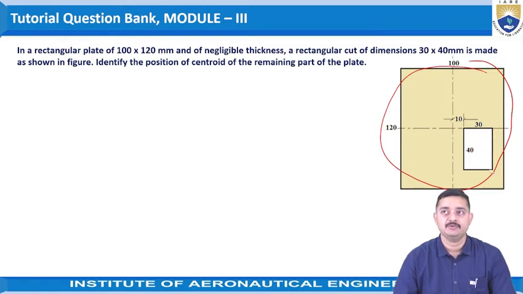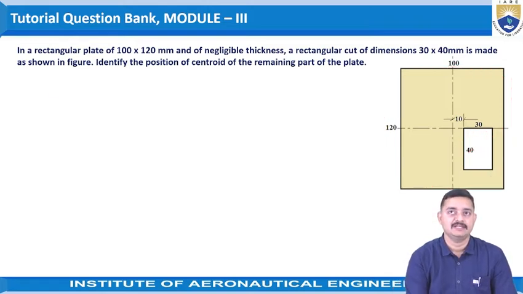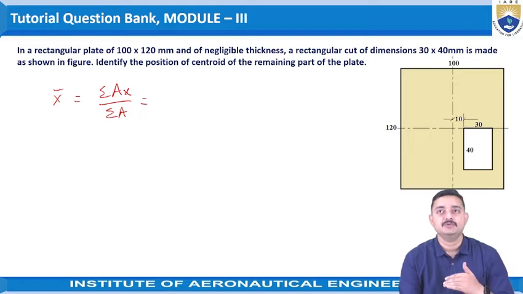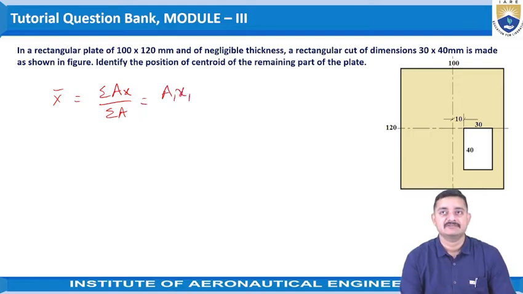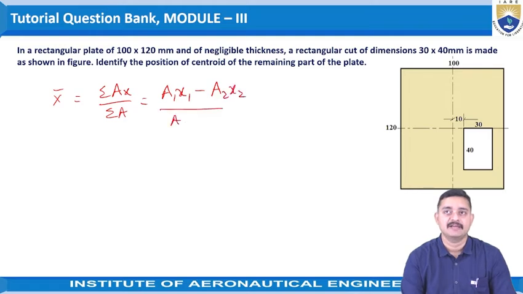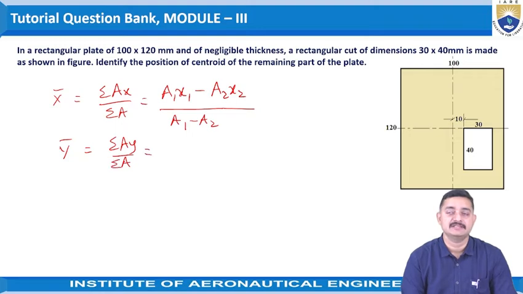So what we need to do, in the formula, x bar is equal to sigma ax by sigma a, we need to subtract: a1 x1 minus a2 x2 by a1 minus a2. Similarly, y bar is equal to sigma ay by sigma a. So that means a1 y1 minus a2 y2 by a1 minus a2.